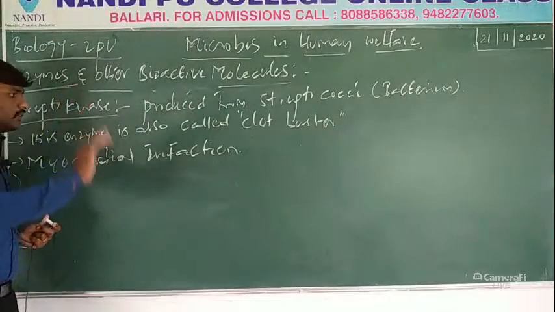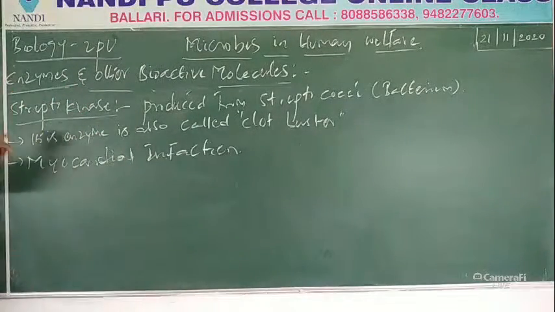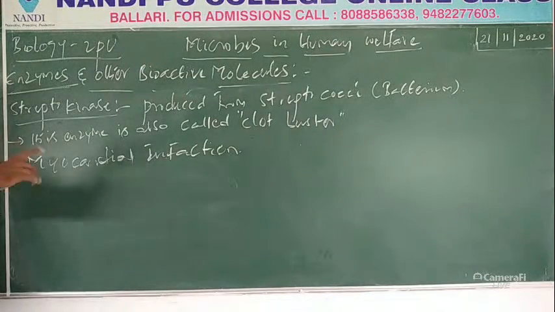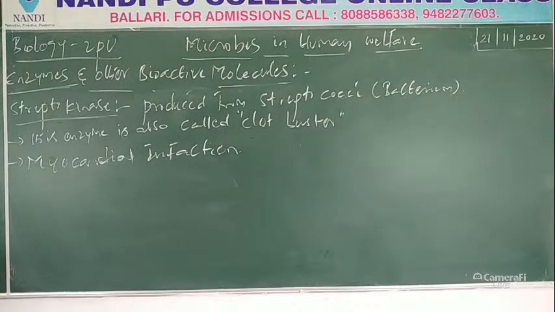So to reduce the effect of the heart attack we use this streptokinase enzyme. Very, very important for competitive examination. It is also called a clot buster. It is used in the treatment of myocardial infarction, which can lead to heart attack. So that is about the enzyme streptokinase.